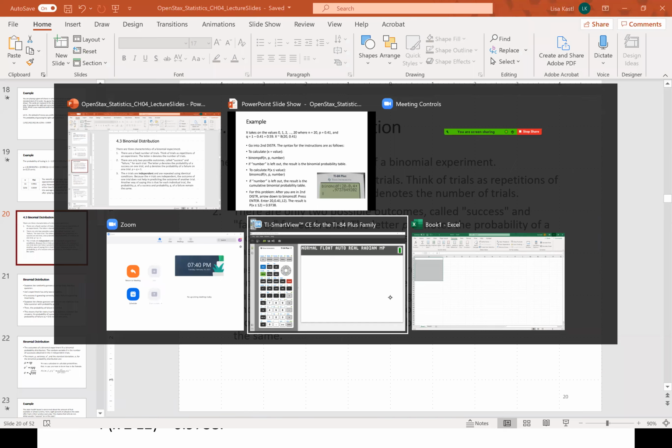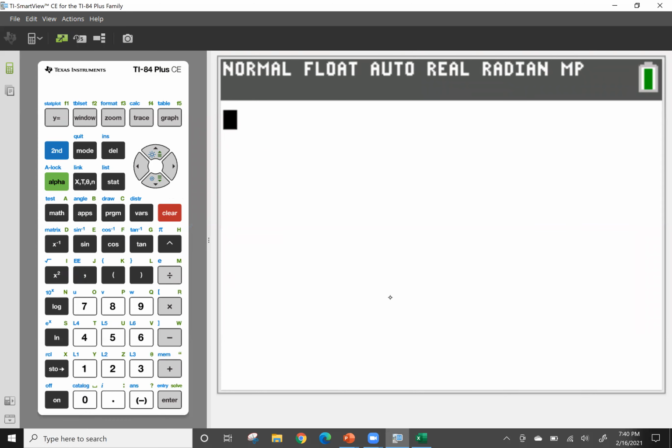Here we are at our calculator. On our calculator, right to the left of the clear button, we have a button labeled VARS. That stands for variables. Above the variables button, we have the DISTR button.